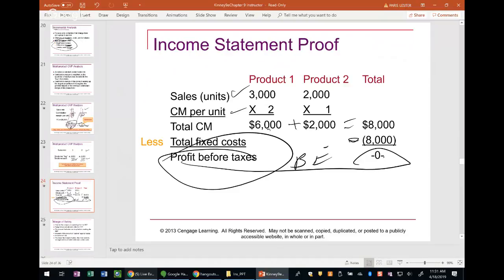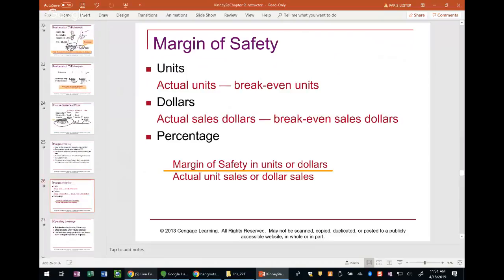And you should have these in your chapter, I hope. Margin of safety. Now you can use these formulas on the exam. Your next test is the exam. Margin of safety in units or dollars.